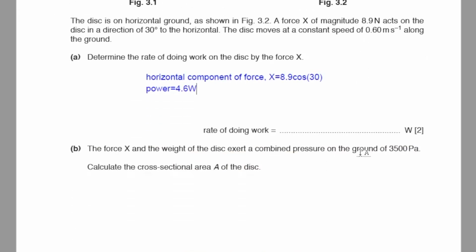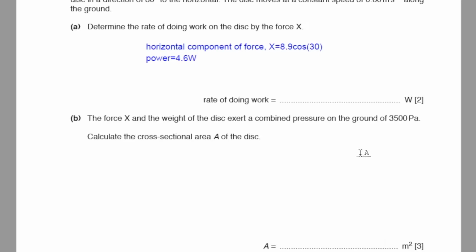Part B. The force X and the weight of the disk exert a combined pressure on the ground of 3500 pascals. Calculate the cross-sectional area of the disk. So the formula is pressure is equal to force divided by area, and hence area is equal to force divided by pressure.